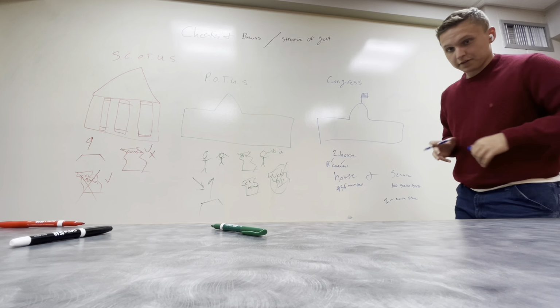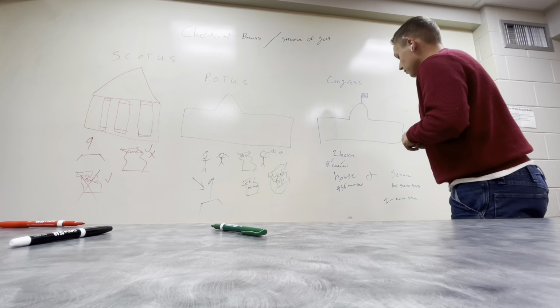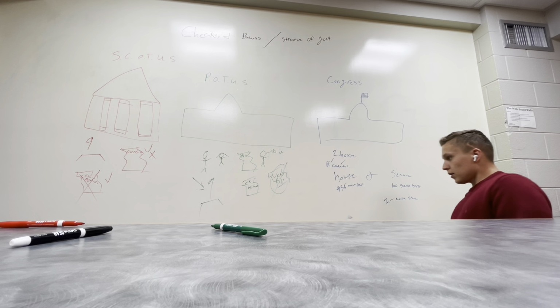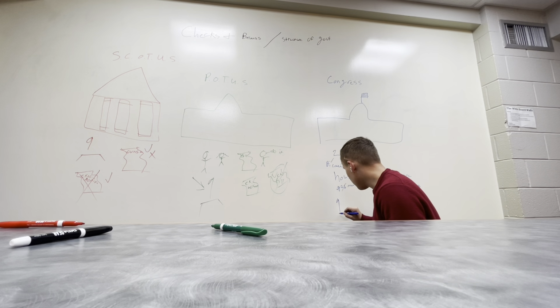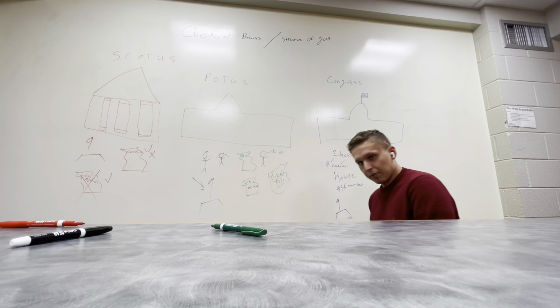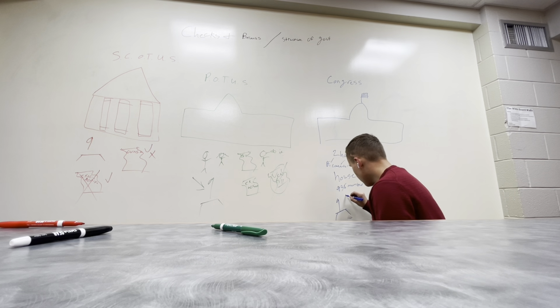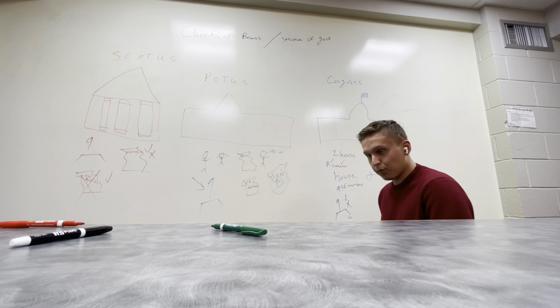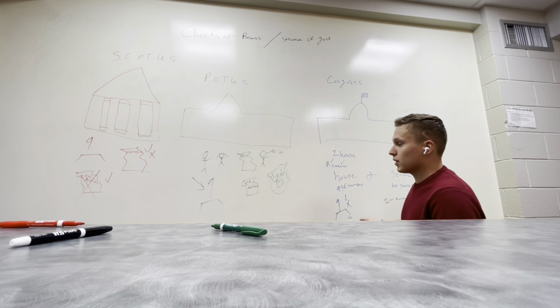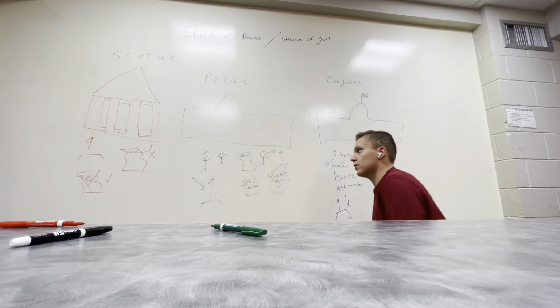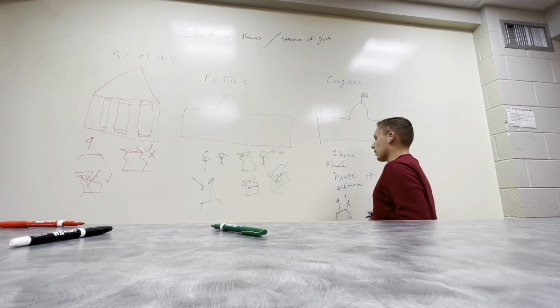When it comes to Congress, what they can do, when it comes to the 9 Supreme Court justices that go on the bench, is approve or deny the appointment. And whether or not they're approved or denied determines whether or not they make it onto the bench.